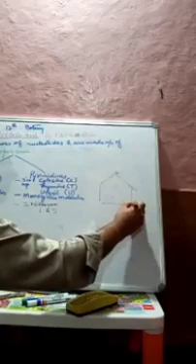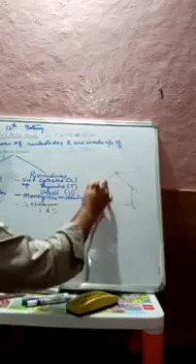added. Let us draw again this pentose sugar. This is carbon first, this is carbon second, this is carbon third, this is carbon fourth, and we have got CH2OH. Now, these nitrogen bases are attached at this carbon first.